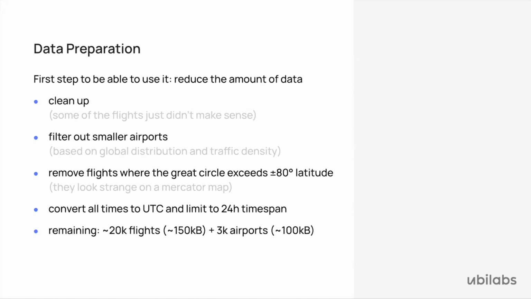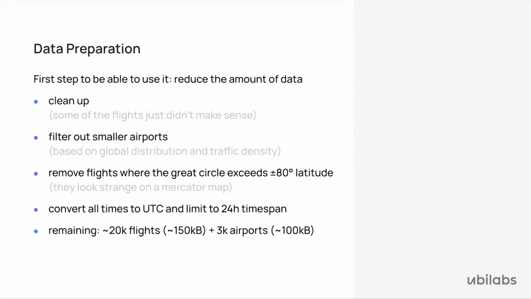Then we had some flights that go over the poles, and if it exceeds 80 degrees in latitude, on the Mercator map, it starts to look really weird. We just didn't want to explain that, so we dropped those flights. Then finally, we need to convert all the times to UTC, and then we selected a slice.